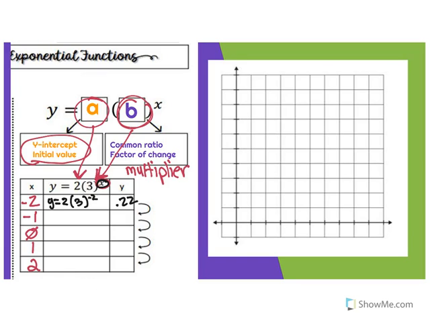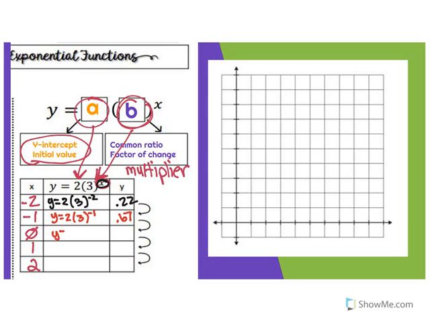And then we're going to do the same thing, y equals 2 times 3 to the -1, because that's the x that we're picking. And so we're going to do 3 to the power of -1 times 2, and that equals 0.67.